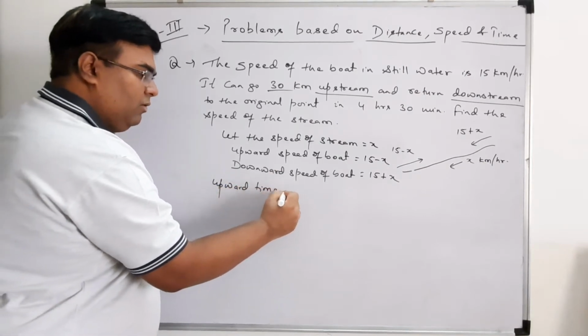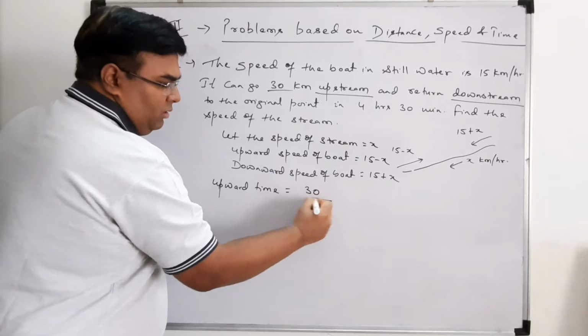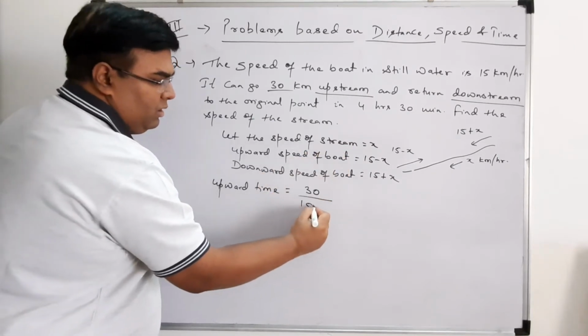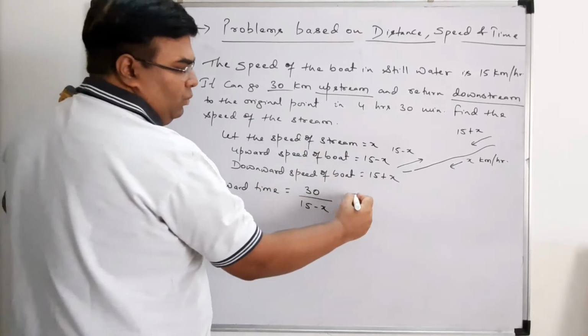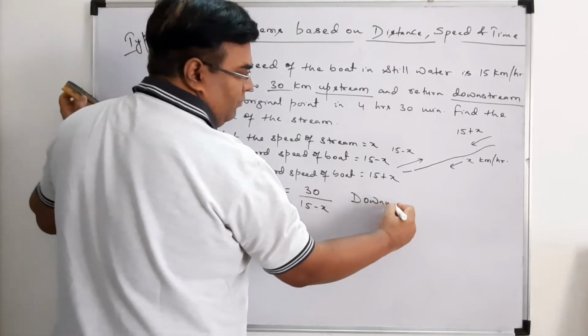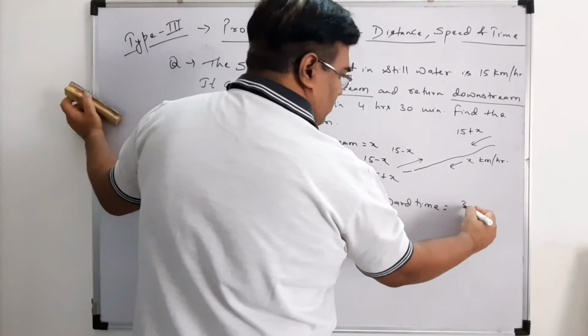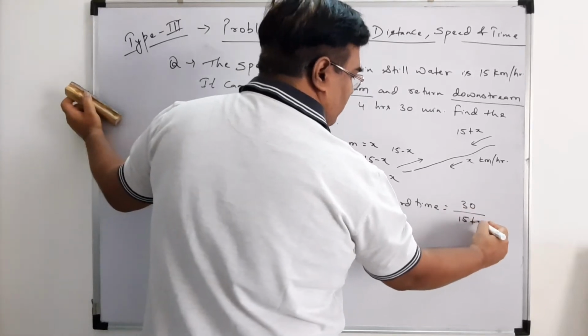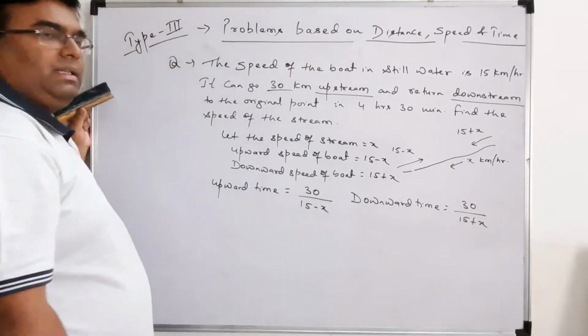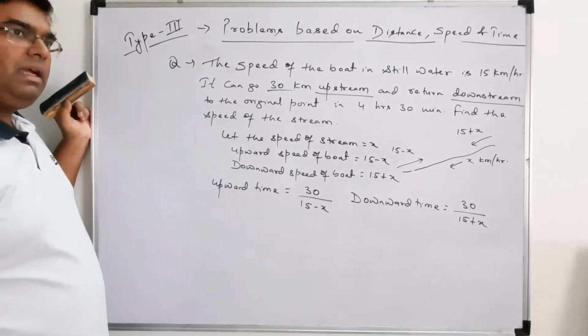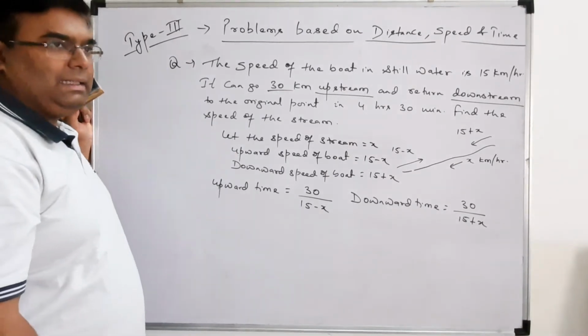Upward time is 30 upon upward speed, and downward time is 30 upon 15 plus x. Now as I told you earlier, you can add times.